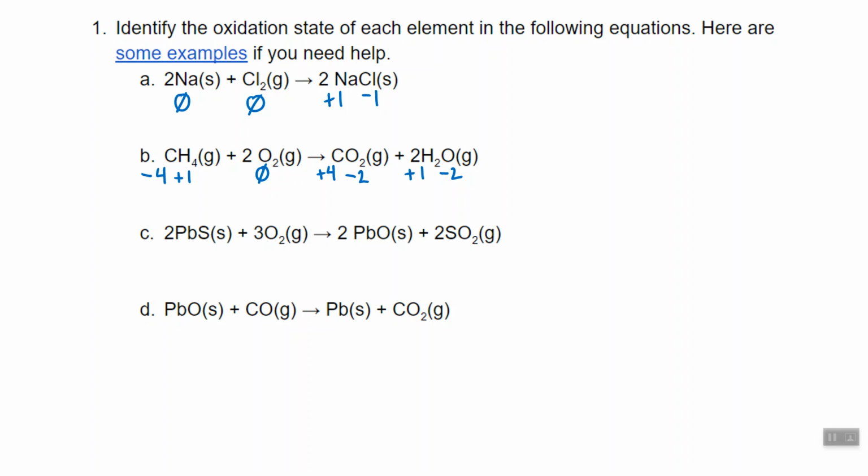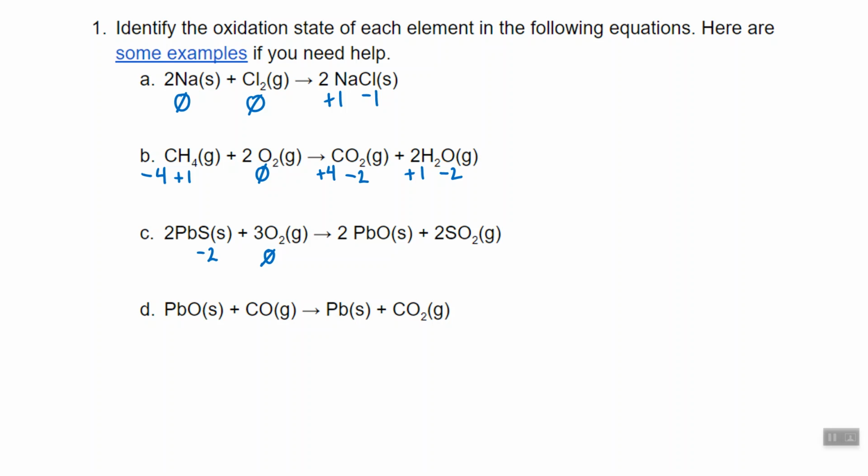In my next one, we have PbS reacting with oxygen. The oxygen will have oxidation state of 0, and Pb and S are going to be monatomic ions. So the charge on sulfur and lead is going to be the same as the oxidation state.